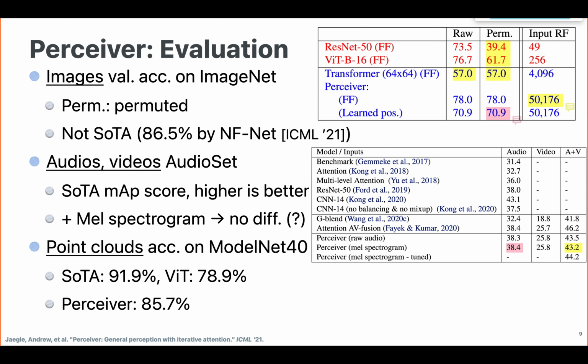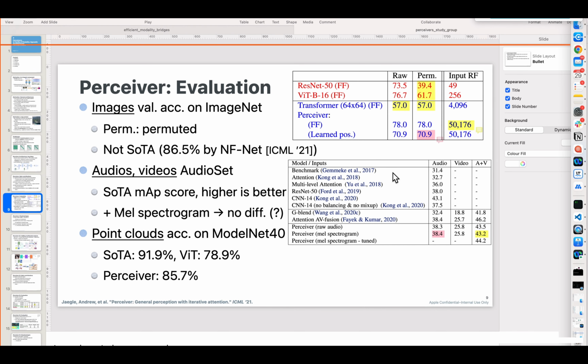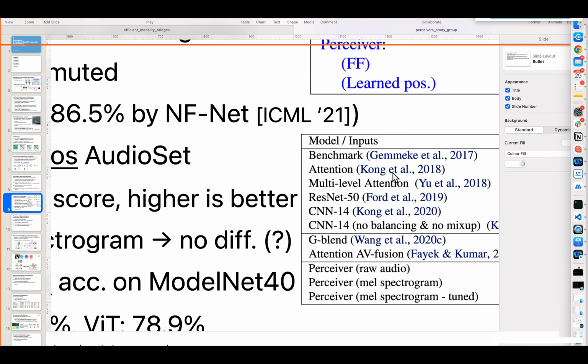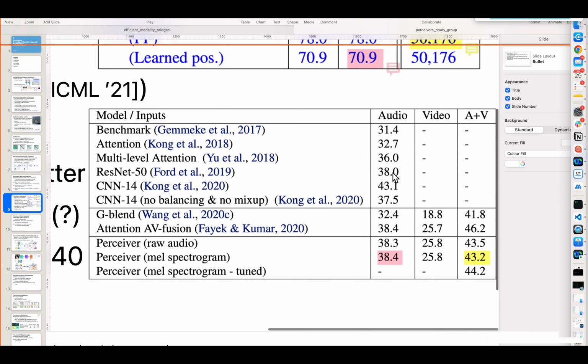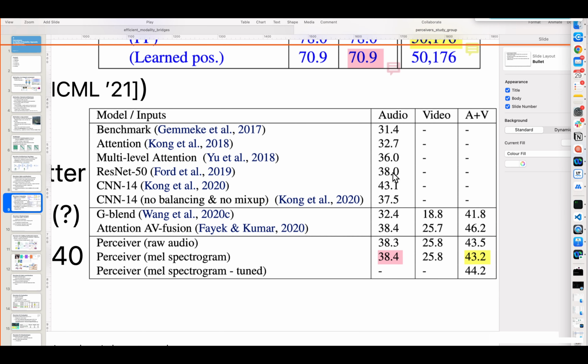Marcin. Yes, and for audio video, by the way, they're also still using the same architecture. For audio video, I think I will just zoom in here. Here they are comparing with other models.